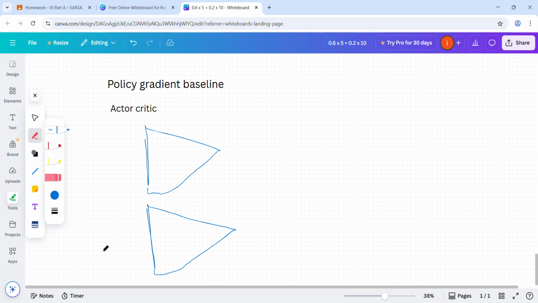For example, if we are at timestamp 0 and we pass that state, it will give us a scalar value of how good it is. Let's suppose it gives us a value of 5. In the start it will give us a wrong value, but with time it will obviously improve, and we will see how it will improve.